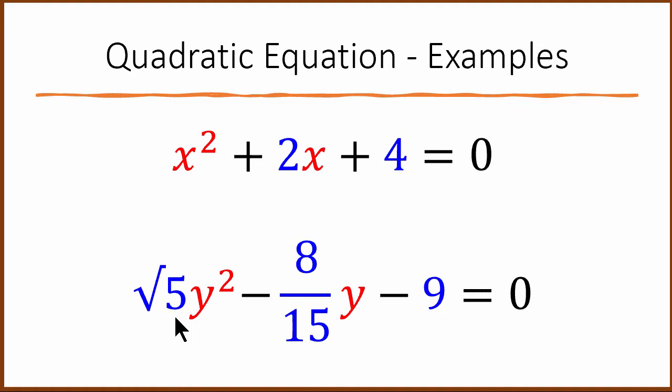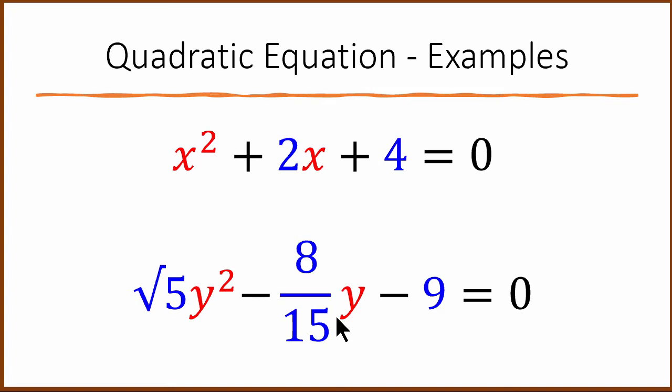In this case, the coefficient is an irrational number like root 5. In this case, it is a fraction like 8 by 15. In this case, it is a negative number. So it can be negative, irrational, or a fraction. As long as it's a real number, a, b, c can be anything. So this is another example of a quadratic equation.